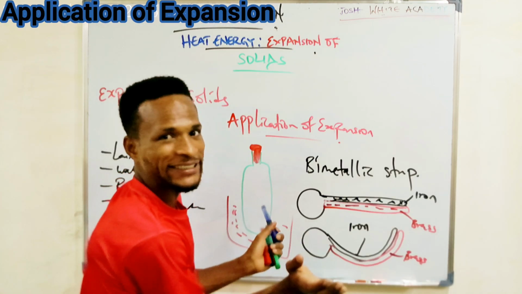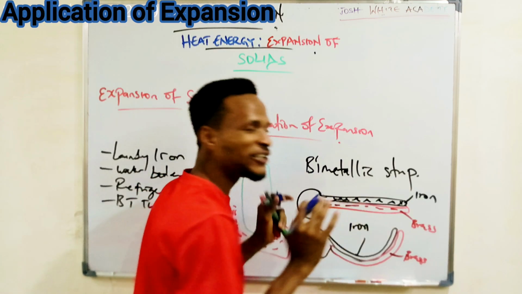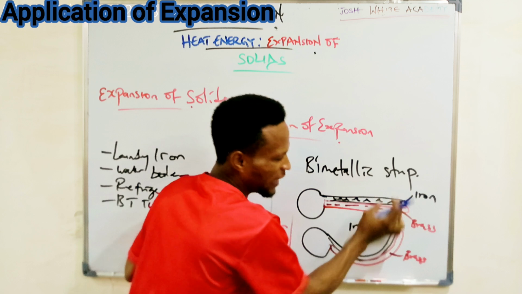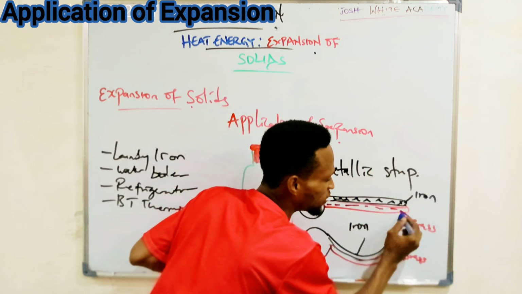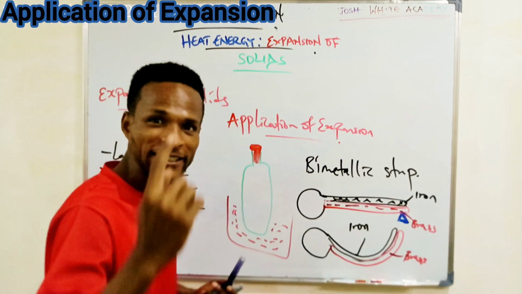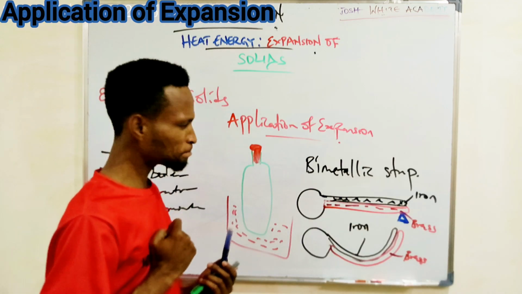the brass then begins to bend. You know, when the iron is on, it is just similar to this, and the contact point is here. So it joins together, so electricity continues flowing, converted to heat.